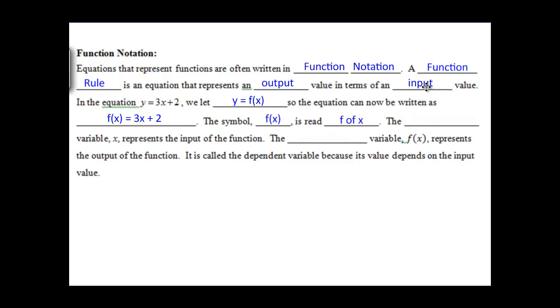We call the variable x that we're going to plug into the independent variable. So you can think of it as x, you can think of it as input. We also have the dependent variable, which is this f of x, which relies on the input that's being put in. It's called a dependent variable because the value depends on the input value.